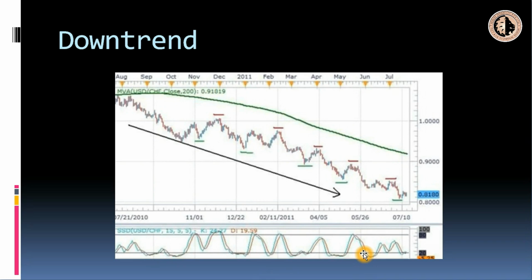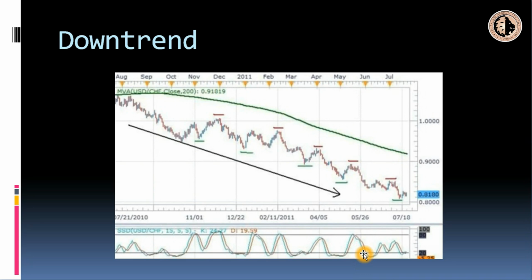I'll just give you a quick rundown of what it is. It is based on the observation that as prices increase, closing prices tend to be closer to the upper end of the price range. Conversely, in downtrends, the closing price tends to be nearer the lower end of the range.